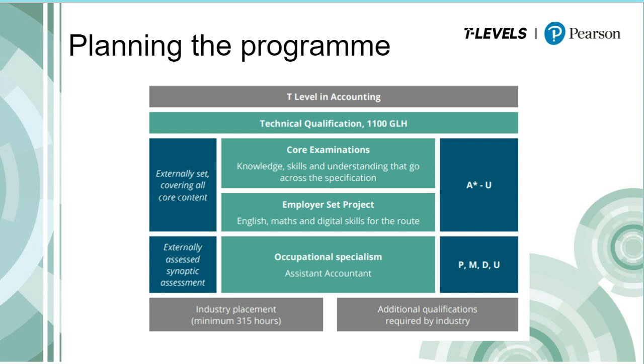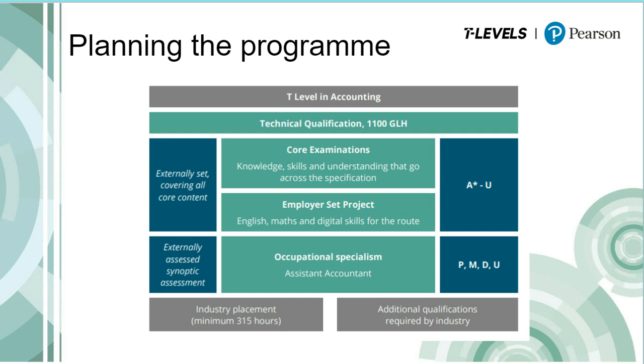There are some slight differences, some anomalies, and I will be pointing those out to you later on this afternoon. Now, the core component covers the underpinning knowledge, concepts and skills that support threshold competence in the accountancy or finance industry. It has 500 guided learning hours and is assessed through 2 externally set core examinations and an employer set project.